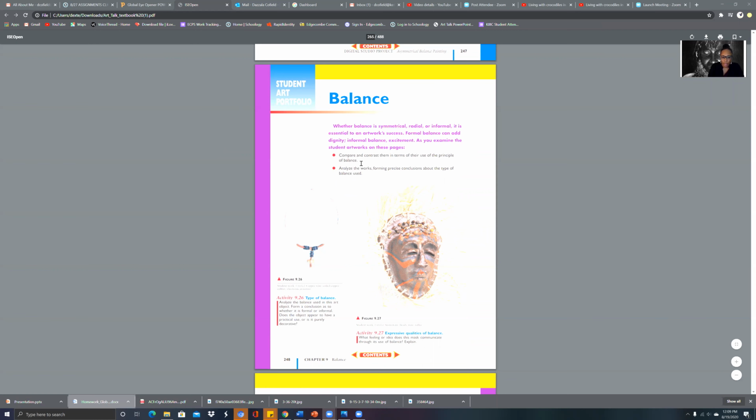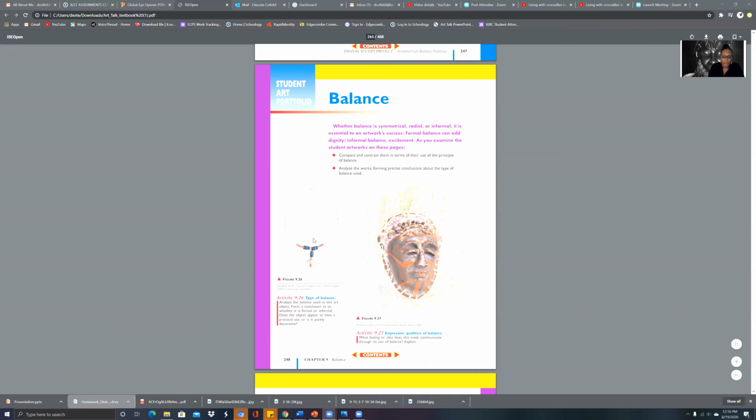Okay, so let's think about it. Type of balance. Analyze the balance in this art object. Form a conclusion whether this is formal or informal. Does the object appear to have practical use, or is it purely decorative? So remember our lessons previously that we wanted to answer this question to understand that this can be a functional object, so it can be actually used for practical use.